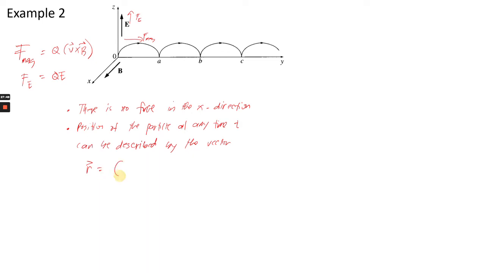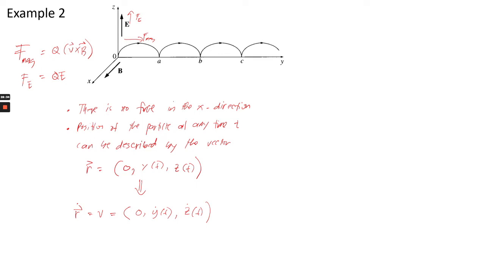So this can be described by the x, y, z components. So it has no x component in its position, right? It is in the y and z plane. So we have y of t, z of t. Now, we can then also define the velocity of the particle. Okay, we have r dot. So this is velocity. So this is 0, y dot, z dot. Okay.